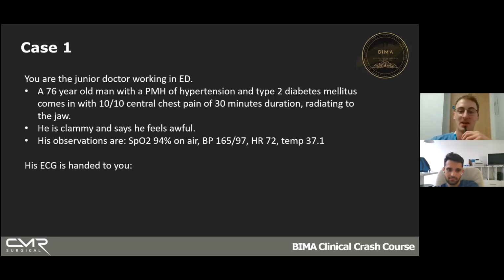So this is the first case. These are more like written down ones, so just have a think. There's no polls, so have a minute or so to read this.